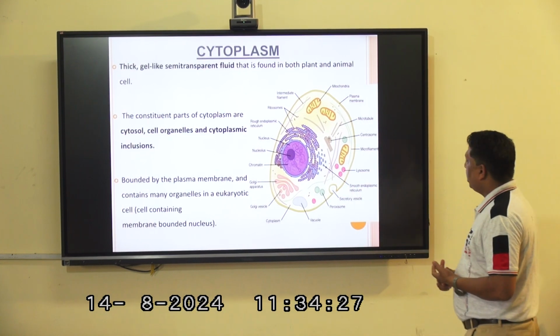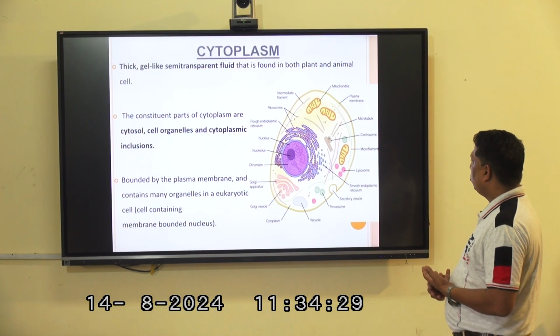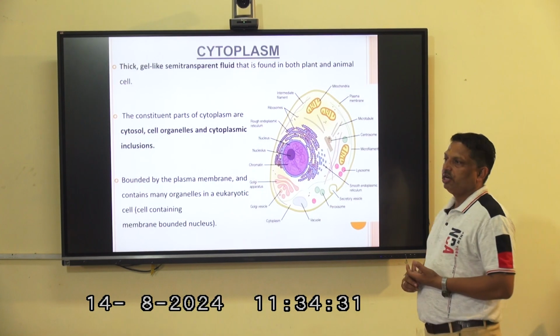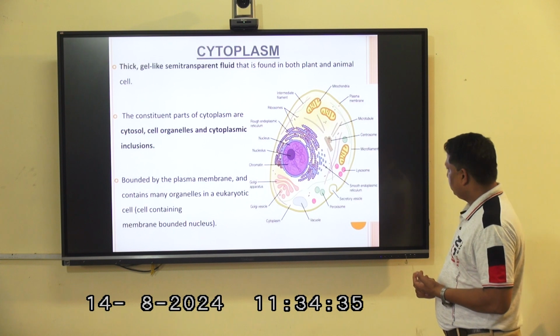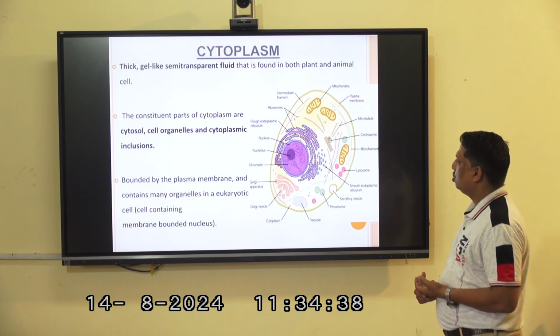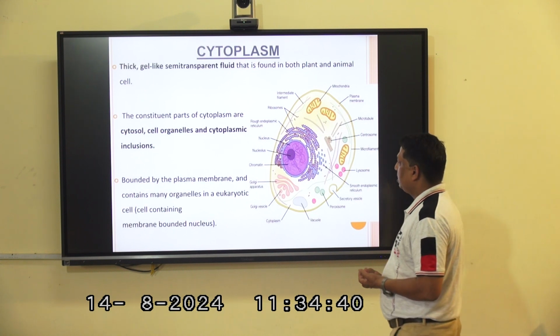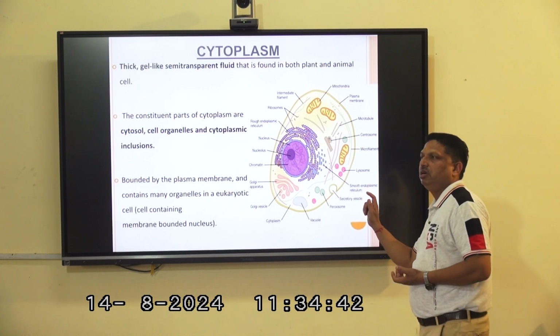Likewise, the endoplasmic reticulum exists in two forms: smooth endoplasmic reticulum and rough endoplasmic reticulum. Then there are secretory vesicles, vacuoles, Golgi vesicles, and the Golgi apparatus.